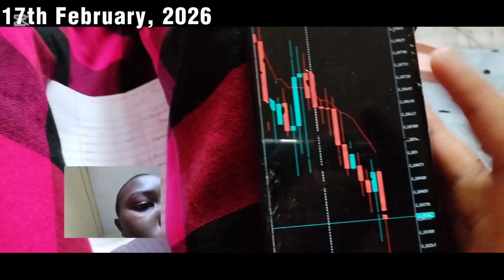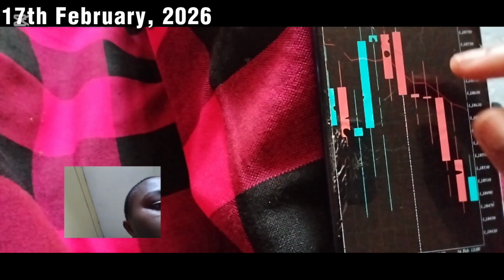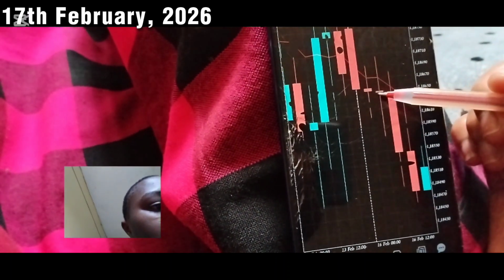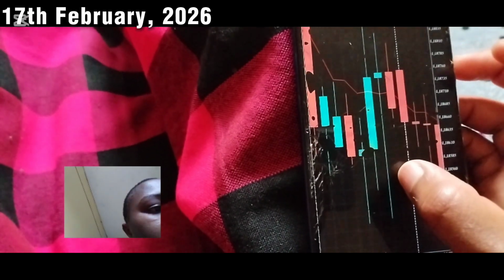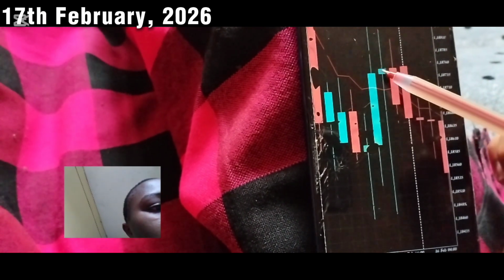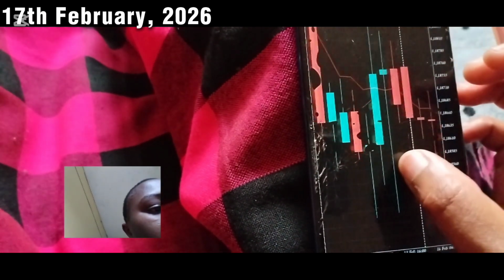So what I understood from the dojis, so I believe we have this here. This is a doji. This is a doji. This two is a doji. Is this a doji? Yeah. This one as well.